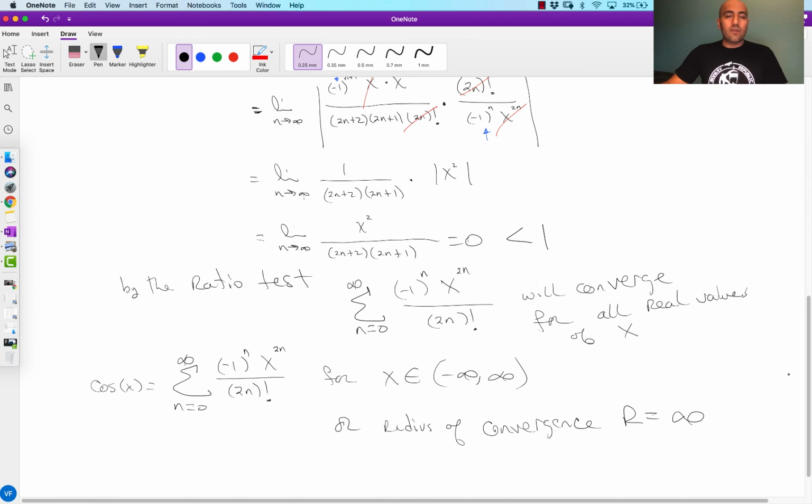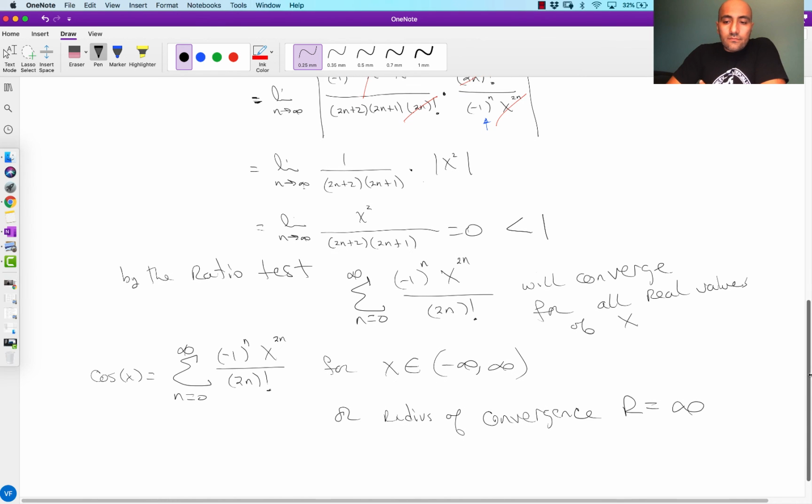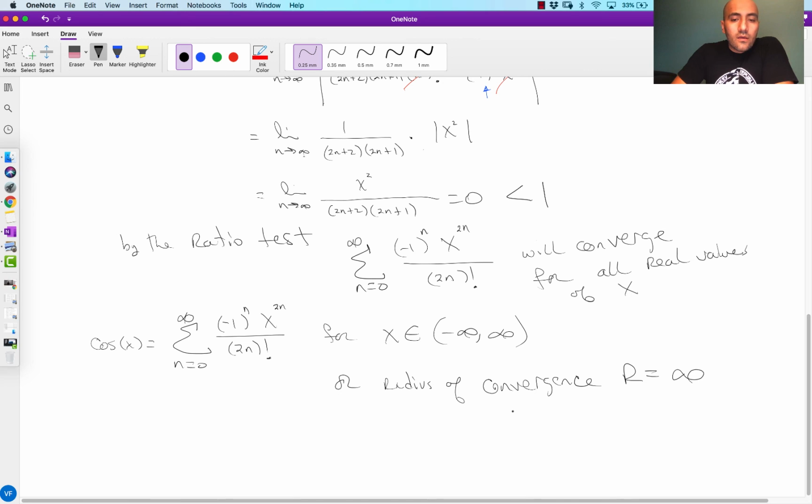Okay, so we found the Maclaurin series representation of the cosine function, obviously centered at 0 since it's the Maclaurin series. Okay, so we answered our question from number 13, but we can add one more thing now, a bonus.